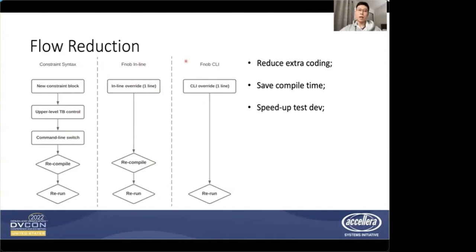And if the need can be achieved by the Fnob command line, this will be further simplified. We don't need to write any more code in SystemVerilog. All we need to do is write one command line and then go straight to the rerun. So this saves both the amount of coding as well as the turnaround time.